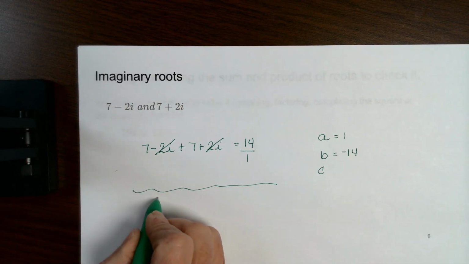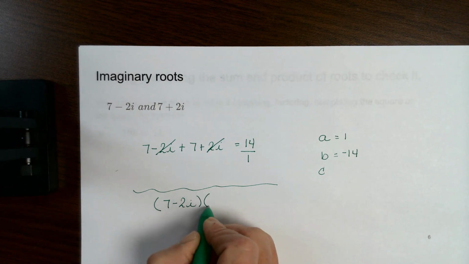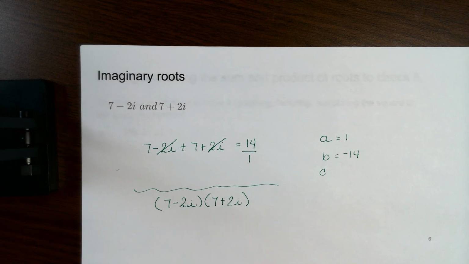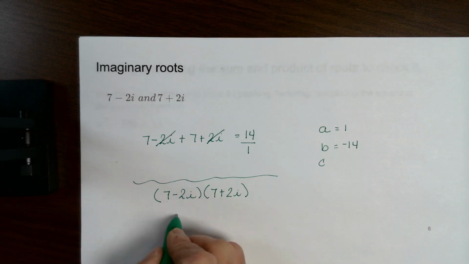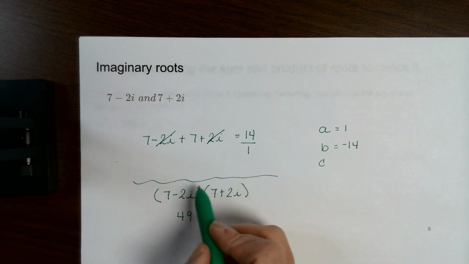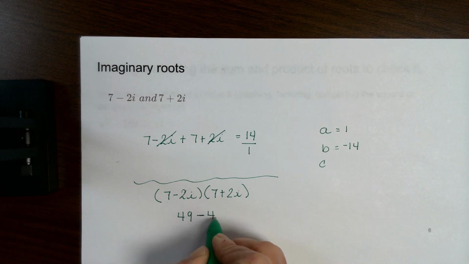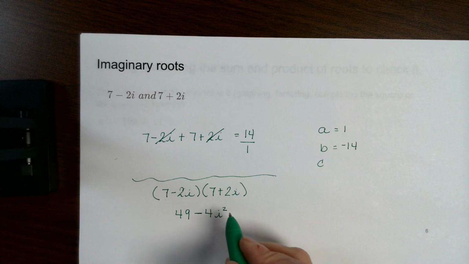Now I'm going to have to multiply 7 minus 2i and 7 plus 2i. Notice that these are conjugates of each other, so you only have to multiply the first and the last. So 7 times 7 is 49. And then negative 2i times positive 2i is a negative 4i squared. But remember, i squared is equal to negative 1.